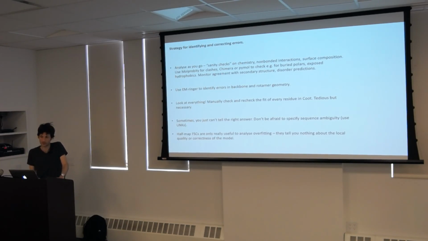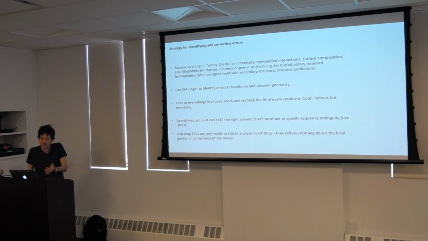And fundamentally, I think the important thing is to very carefully go through residue by residue and check the fit to the density, and there's no real way around that. You just have to do it manually. It's really tedious, but it's really necessary. Even if you're at high resolution, things can go wrong, and just don't trust auto-built models.